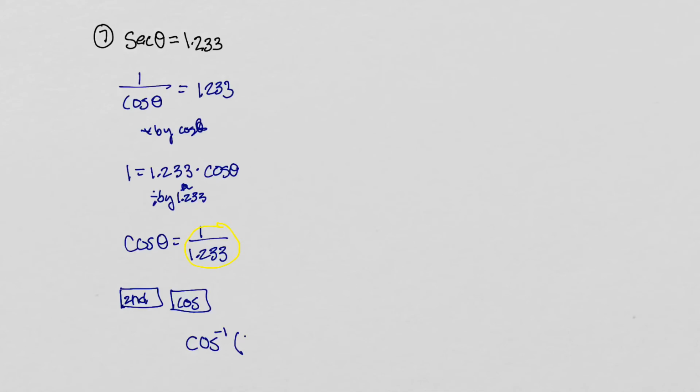So we'll type in 1 divided by 1.233, and when we do that, I got 35.80 dot dot dot. So the book says just round it off to a tenth, so I'm going to round this to 35.8 degrees.